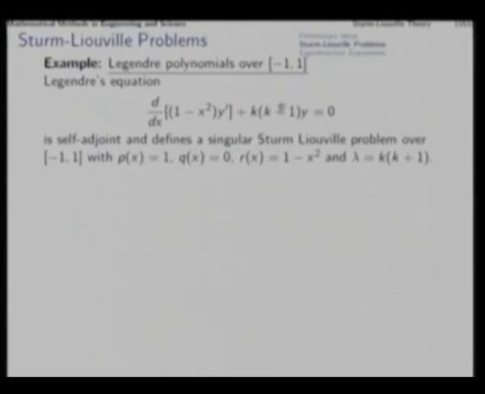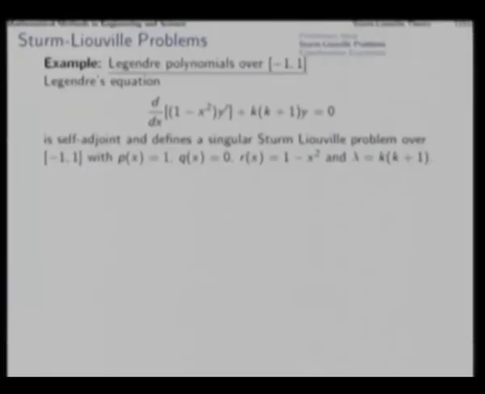Now, if we find two solutions of this corresponding to different values of lambda, that means different values of k(k plus 1), lambda m is m(m plus 1), lambda n is n(n plus 1), then we can write down the corresponding solutions as ym and yn and continue with an analysis similar to the general case that we considered here.